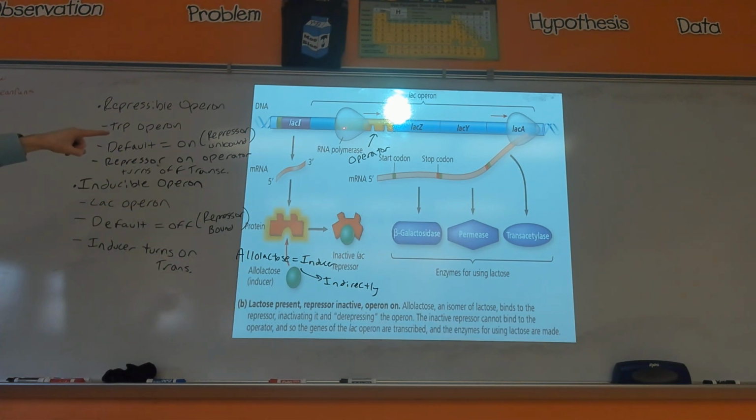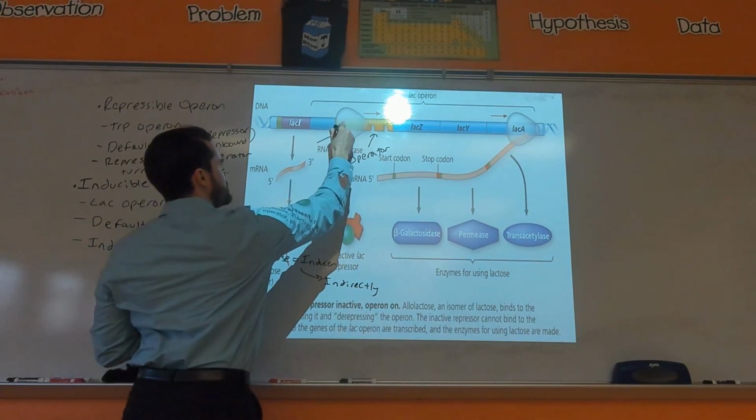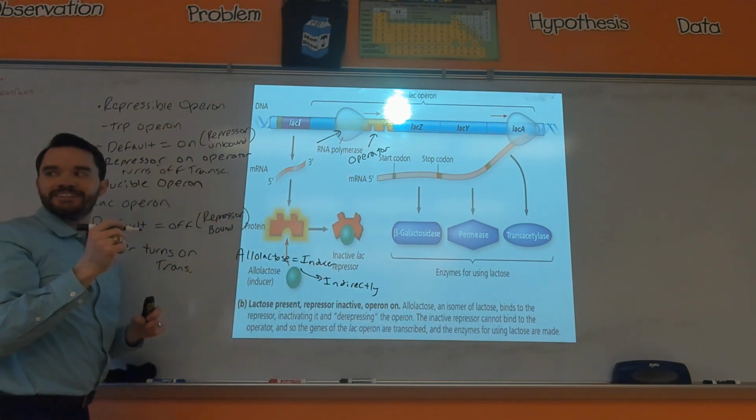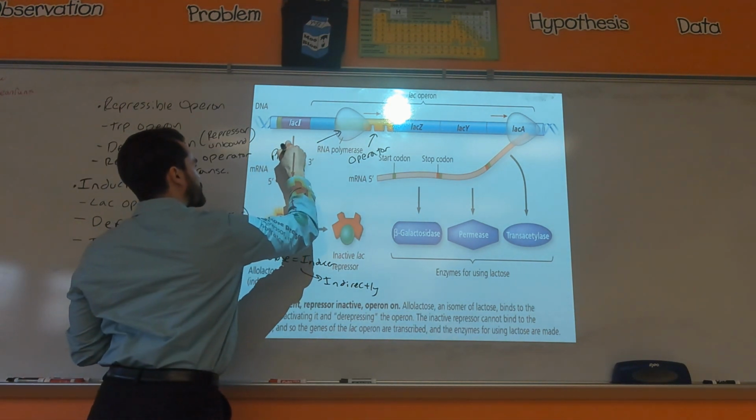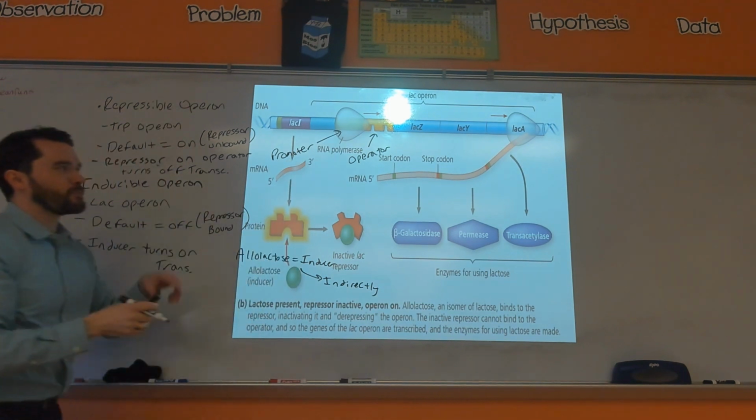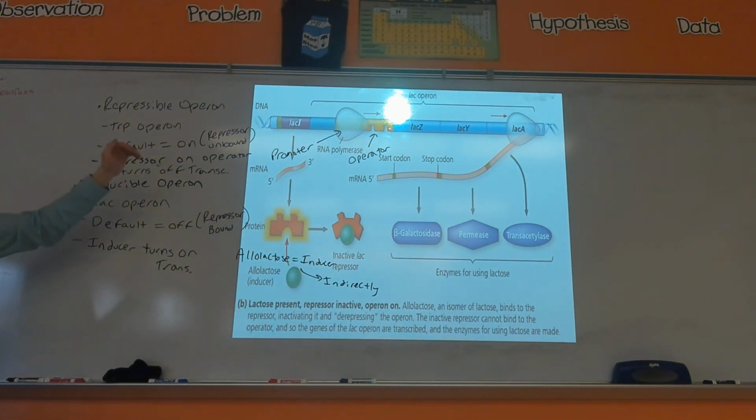Now RNA polymerase can bind to, what's this called? The promoter. It's a promoter because it promotes things. Okay, it binds to the promoter, and then now it can go along through the operon and transcribe all those genes you need to make all those enzymes.